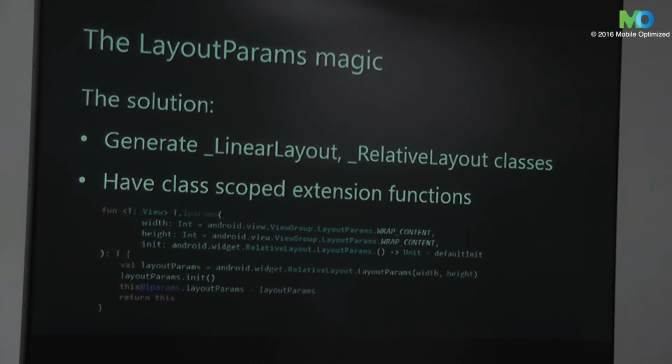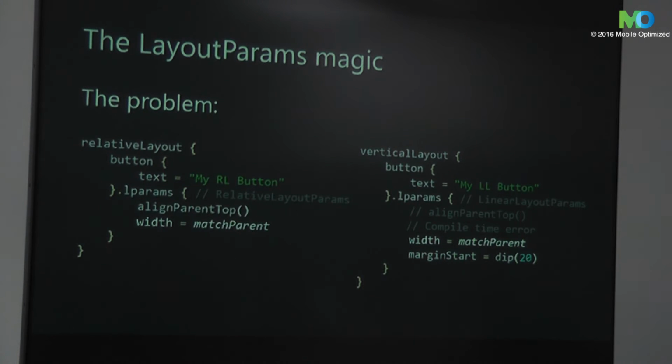And because we had this lambda with context, we are actually inside the relative layout in this block. So we have this params extension function over the underscore relative layout, and when we are inside the vertical layout, we have the other method. So these methods are not the same.